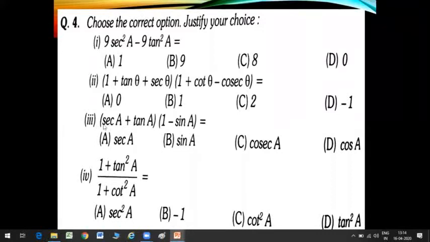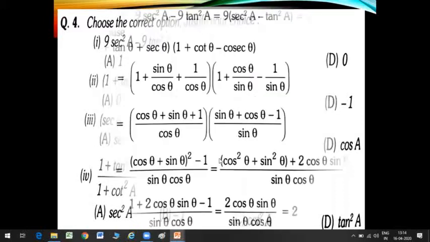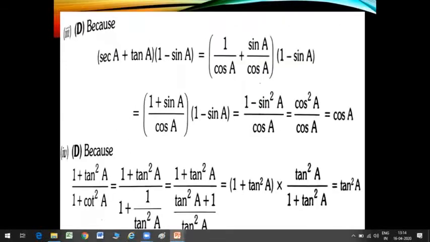Now third part: (sec A plus tan A) in the first bracket, multiplied by (1 minus sin A). Sec A we can write as 1 by cos A, and tan A as sin A by cos A. Then the second bracket is 1 minus sin A. In the first bracket we can take cos A common.